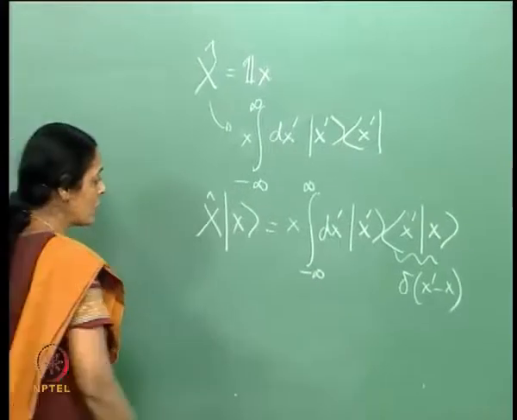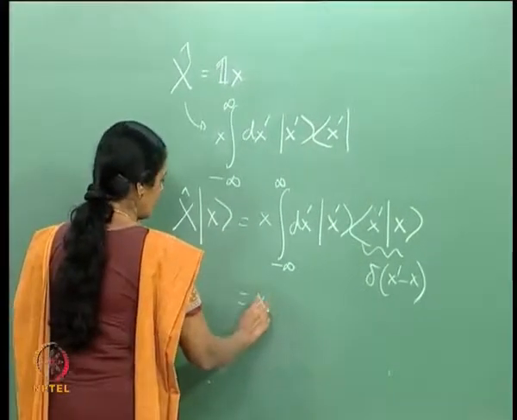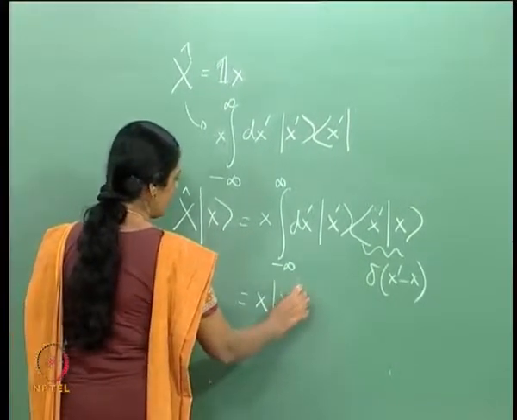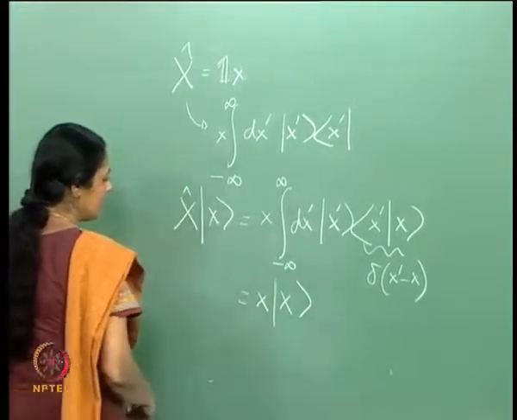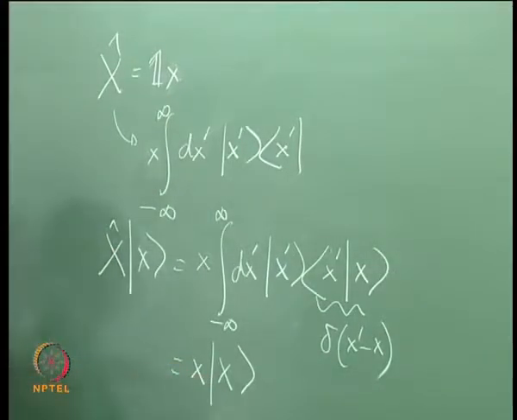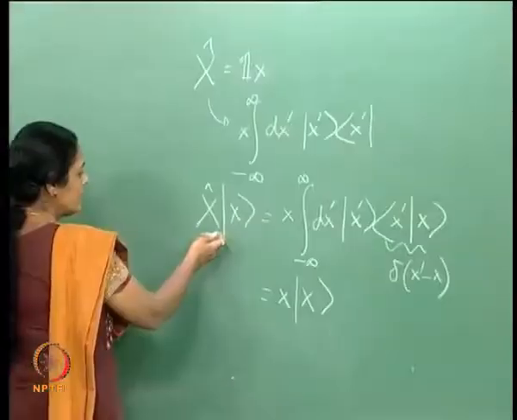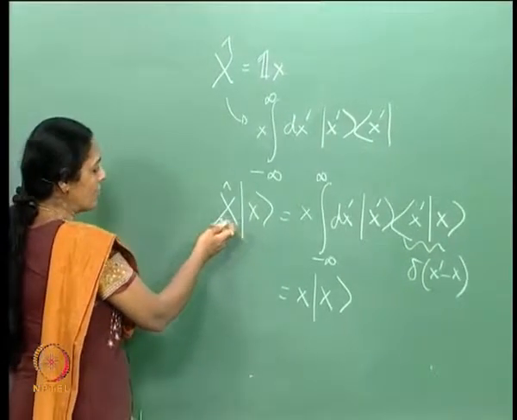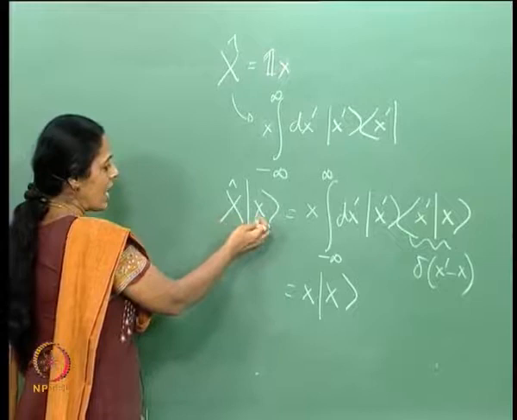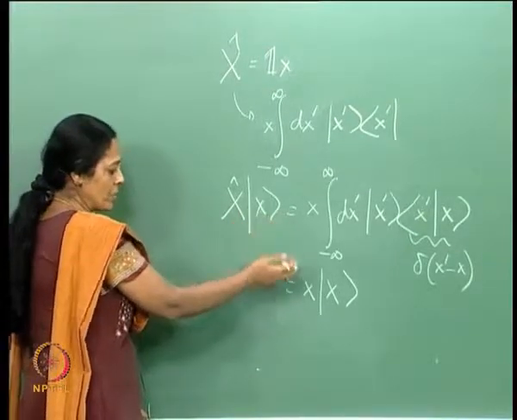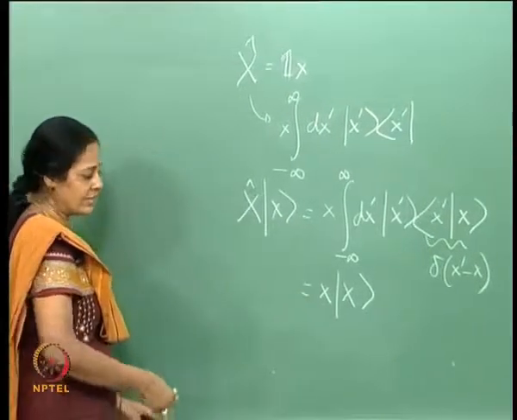So, the integration goes, and I just have an x. So, this is what I have. The operator x acts on the position basis to pull out the number x.